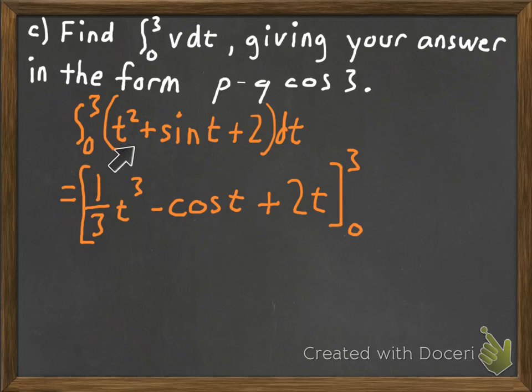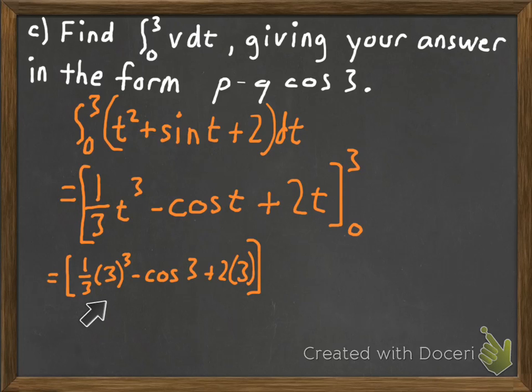All right, the integral of t squared is 1/3 t cubed. The integral of sine t is negative cosine t, and the integral of 2 is 2t. And then we're going to plug in our limits of integration. We're going from when time equals 0 to time equals 3. Remember, you do that where you plug in the first one, and then you subtract the value of the second one being plugged in. So that'll look this way.